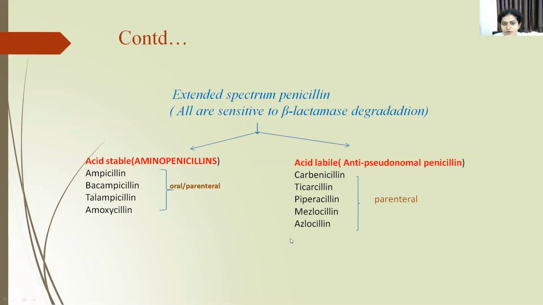And this group of penicillins are all sensitive to beta-lactamase degradation. That includes again the same acid stable and acid labile. Acid stable is called the aminopenicillin group, which includes ampicillin, bacampicillin, talampicillin, and amoxicillin.